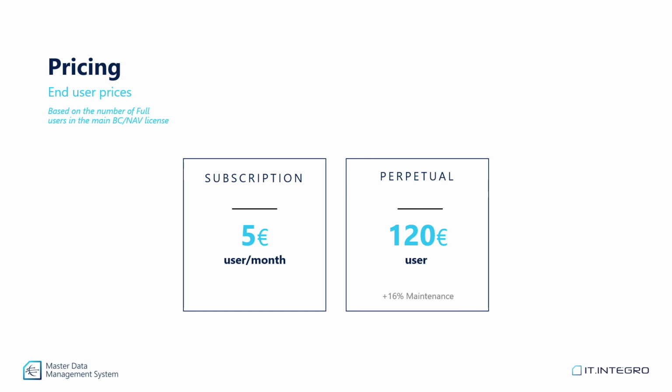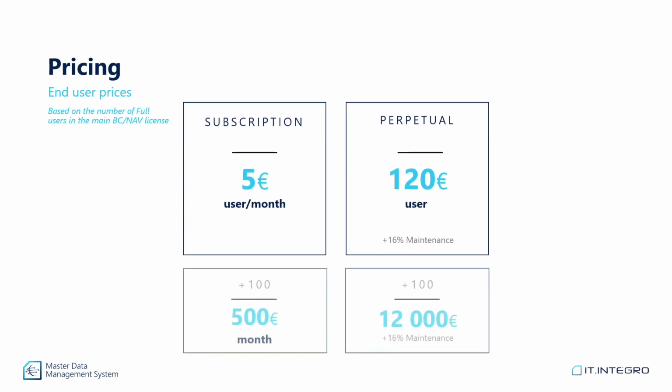And the price is either €5 per user per month for subscription, and that also relates to the cloud version, or €120 per user for the perpetual. For the bigger customers, we can provide the version with the flat fee of either €500 per month for subscriptions, or €12,000 for perpetual.